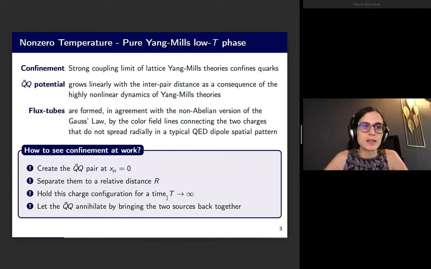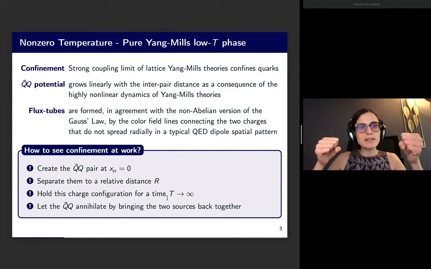And what can be explicitly studied is that the strong coupling limit, corresponding to the low T limit of lattice Yang-Mills theory, does indeed confine quarks. How do we see that? We see that in the linearly growing behavior of the quark-antiquark static potential as a function of the interpair distance. And this is a consequence of the highly nonlinear dynamics of Yang-Mills theories.